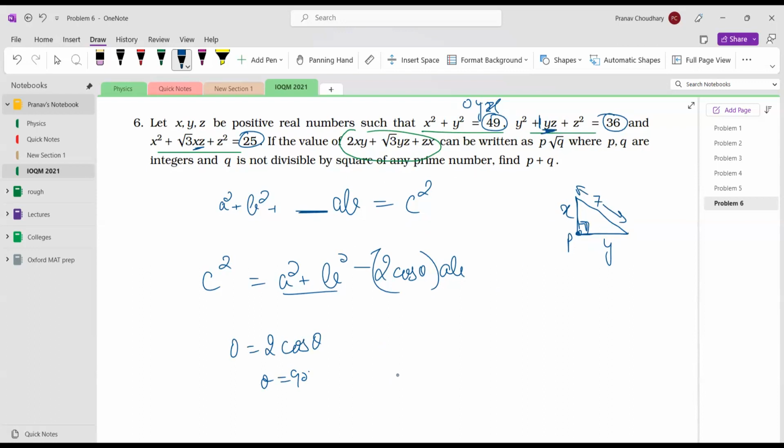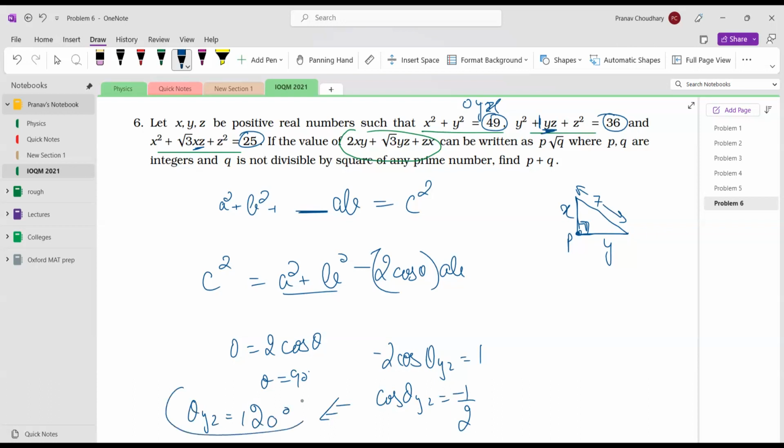And the coefficient of yz is 1. So let's try to find the angle between y and z. So it's minus 2 cosine theta equals 1, which means cosine theta yz should be minus 1 by 2, which implies theta yz is 120 degrees.